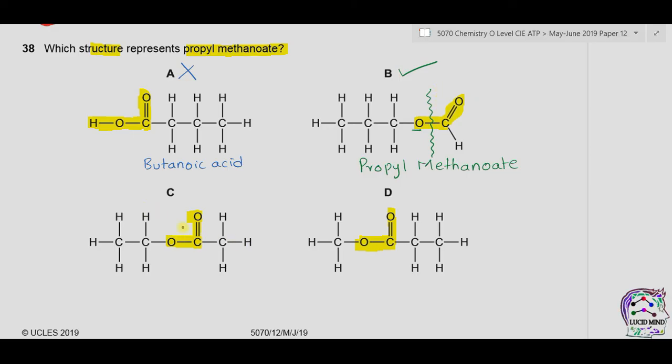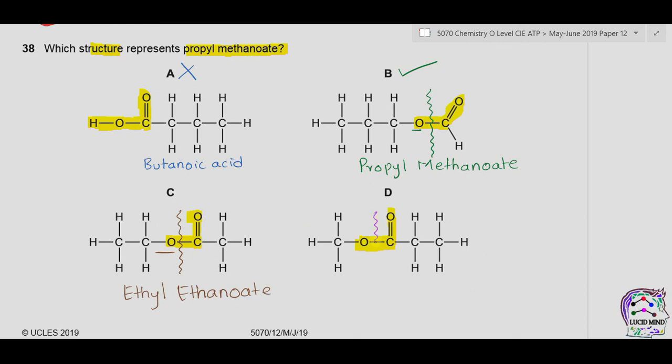Again in C we can see that we have an ester, so it will be made from 2 portions. The portion consisting of oxygen is the alcohol, so it is a 2 carbon alcohol, which will be named ethyl, and we have a 2 carbon carboxylic acid, which is ethanoic acid. So the ester formed will be ethyl ethanoate.